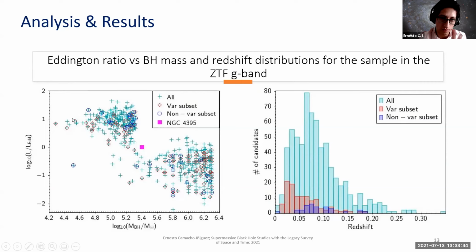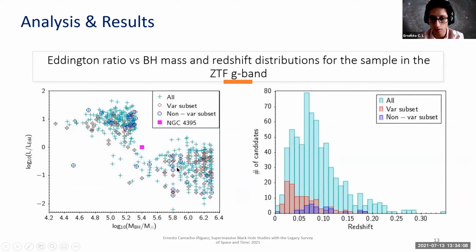A great number of our sources are super Eddington, which is a little odd, but interesting at the same time. Another thing to notice here is that the subsample composed of variable sources and non-variable sources span all the range in mass and Eddington ratio in our sample.